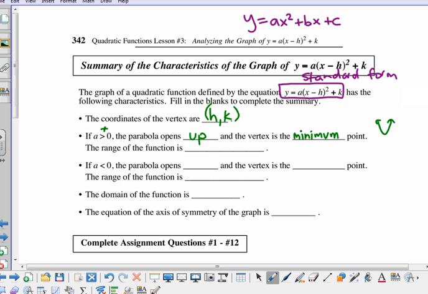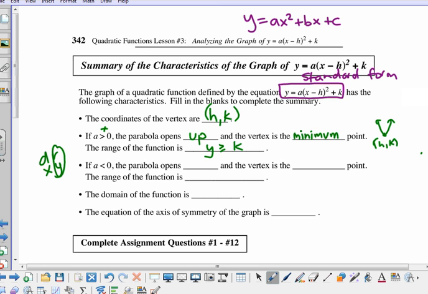And then the range of the function, which one is it? The y. So y is going to be greater than or equal to, this is (h, k), which one's the y value? K. So greater than or equal to k.